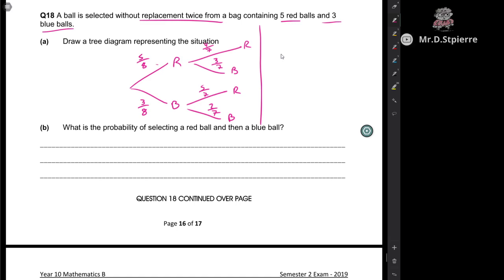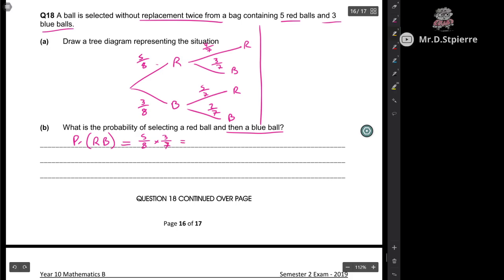What is the probability of selecting a red ball and then a blue ball? Since it says then, that means order matters. So we're finding the probability of red, then blue in that order. That is equal to 5 on 8 times by 3 on 7, just multiplying along the branch.